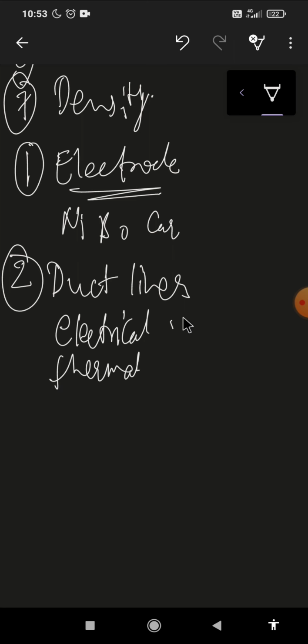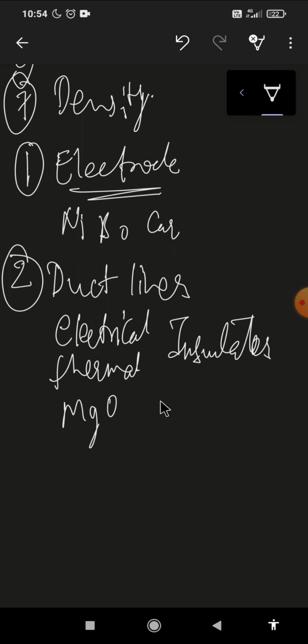The insulating materials used for duct walls are magnesium oxide and strontium zirconate, etc.